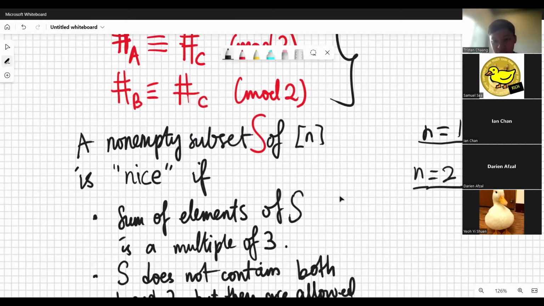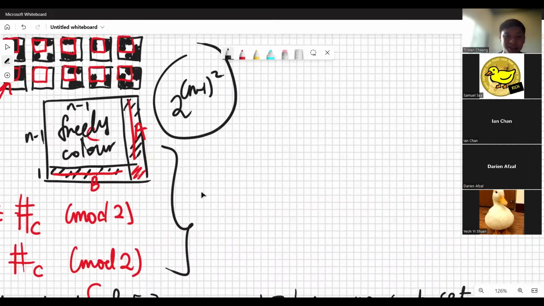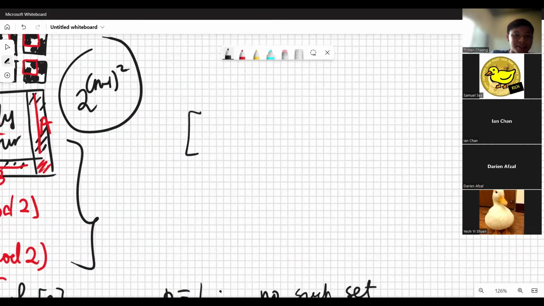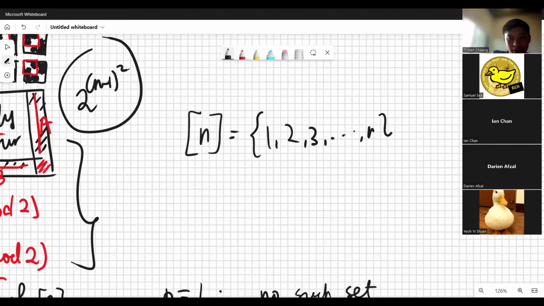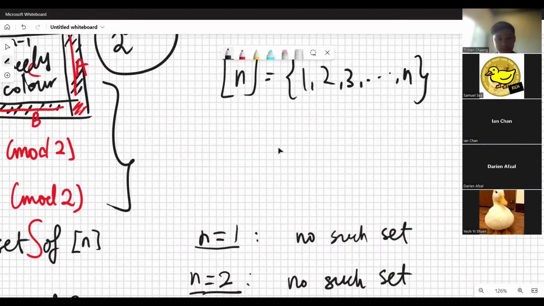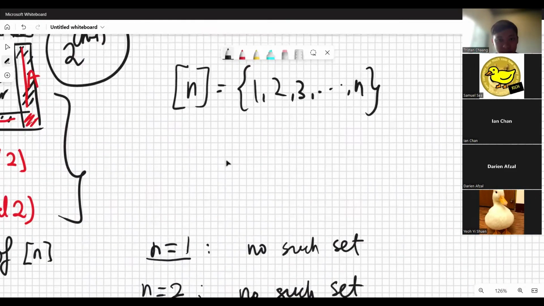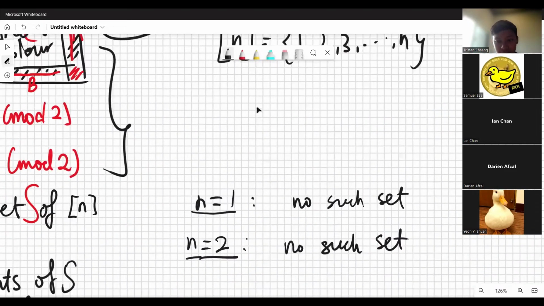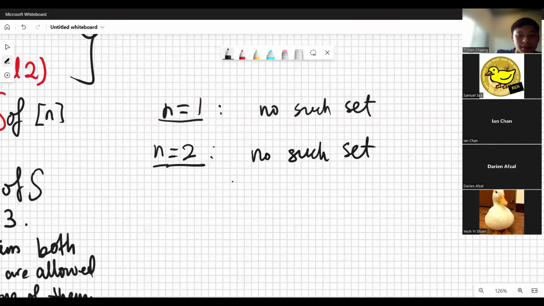Square brackets n. Well, again, since the start of the section, it is always 1, 2, 3 until n. Yeah, I'll not spoil the answer first.